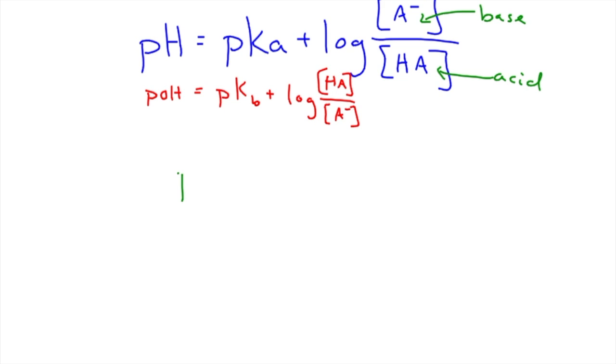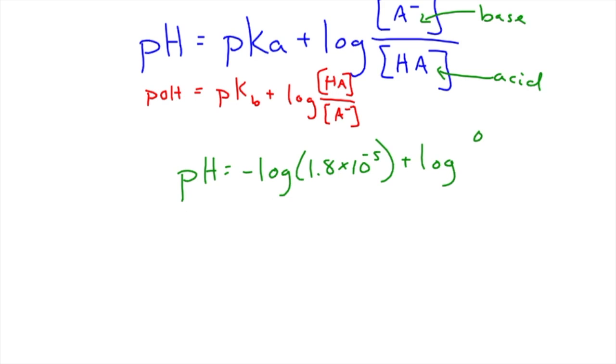I can say pH equals negative log of my Ka plus log of my base, which was 0.51 to begin with. Like, this is before I even dissociated, over 0.49.